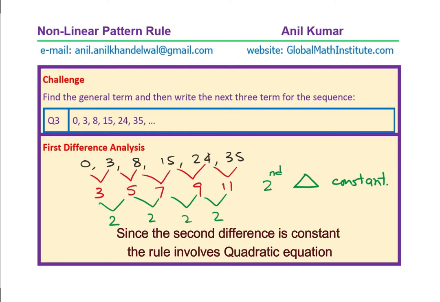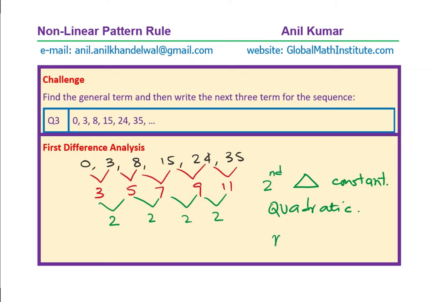And therefore, it is quadratic, and the equation will involve n squared plus something. You get the idea. From these examples, we see that they are all nonlinear, and we do get an idea of what type of equation it could be, right? So we do have an n squared term in this.